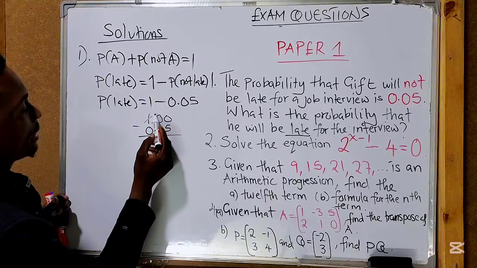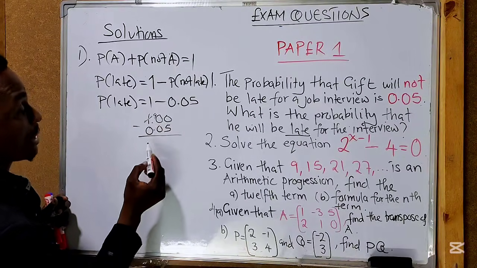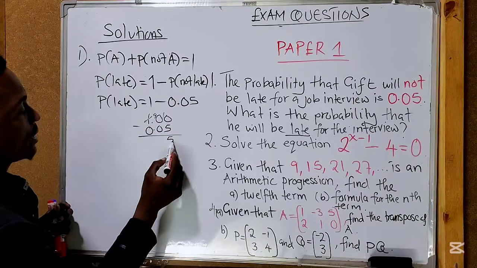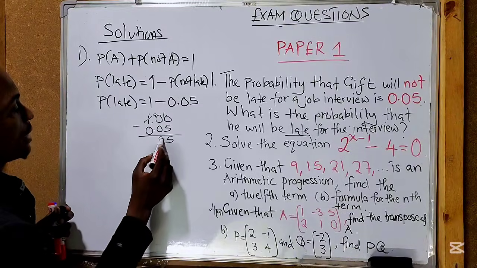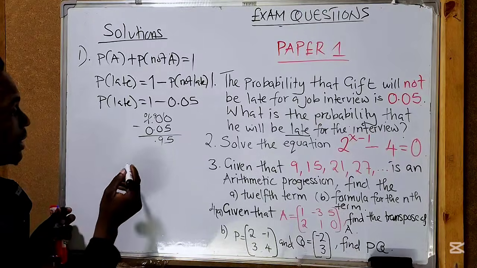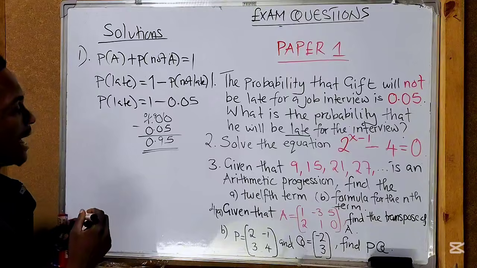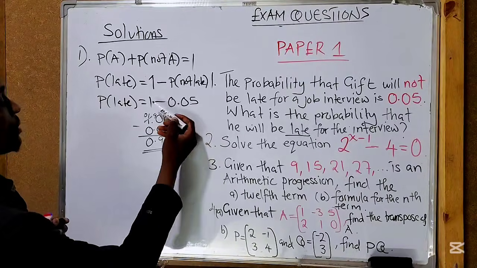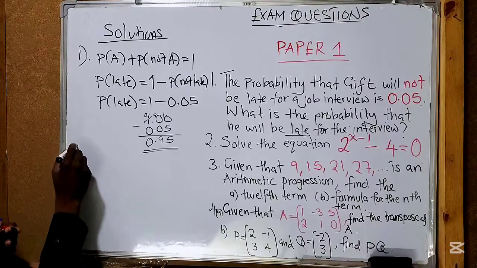We borrow 1 here, and this becomes 10, and this becomes 9. 10 minus 5 is 5. 9 minus 0 is 9. Point. So here we just remain with a 0. 0 minus 0, 0. So it is 0.95, okay? If you add 0.95 plus 0.05, it should give you 1. So it's as simple as this. Don't waste time. Let's go to question 2.